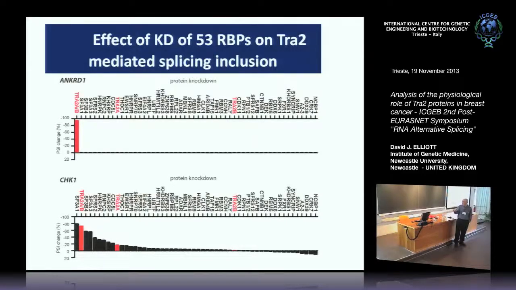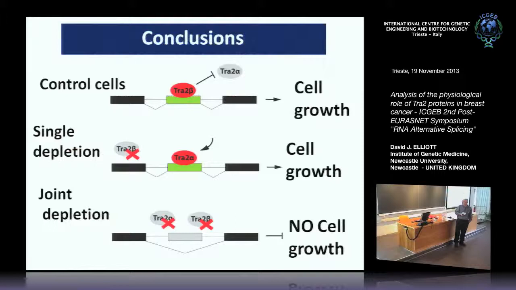So just to summarize the data, this is our model of what's happening in the cell line. In control cells, Tra2 beta binds to exons, and one of the exons is a poison exon in Tra2 alpha, and this represses Tra2 alpha expression, but it gives you good inclusion of exons which are important for cell growth.